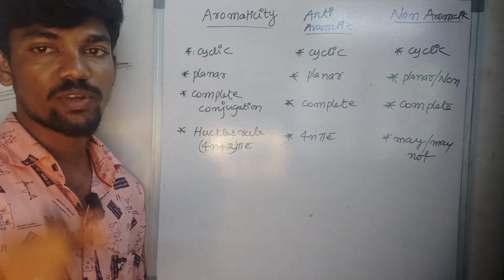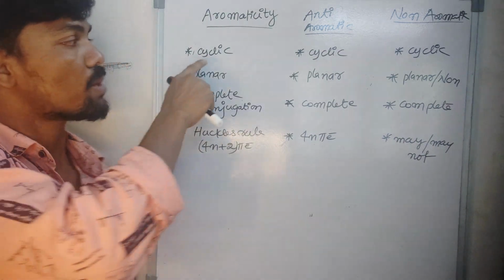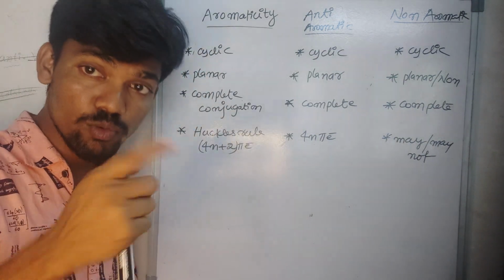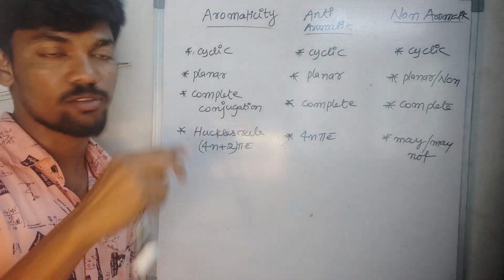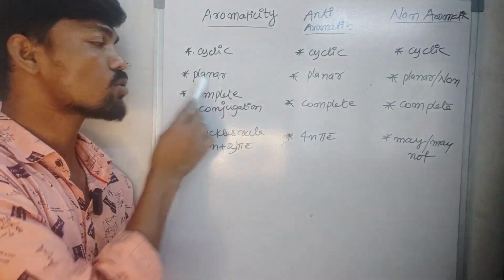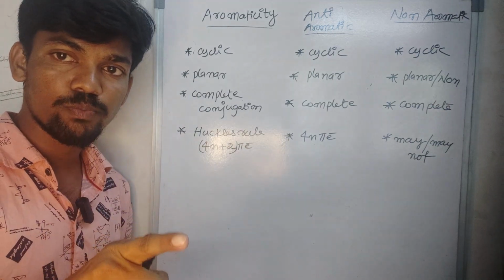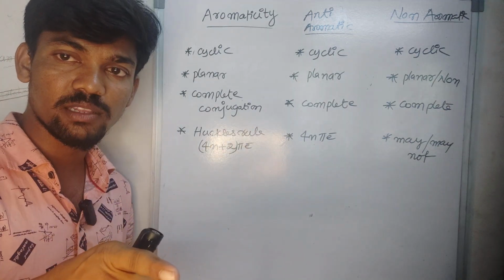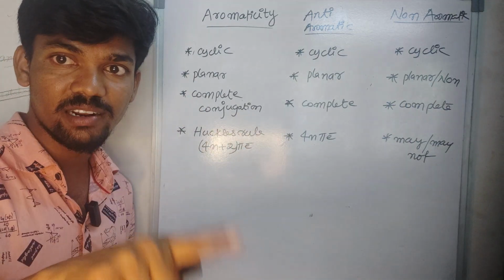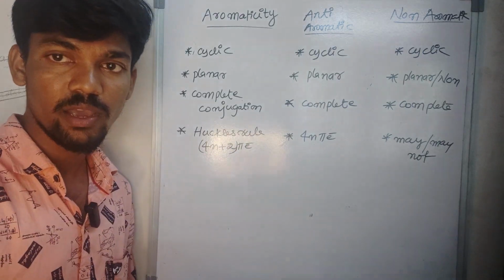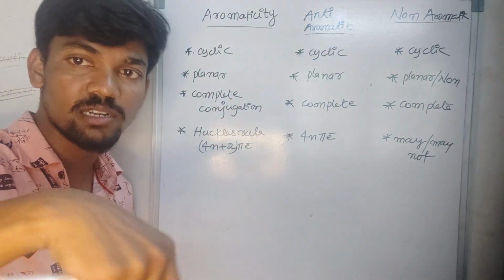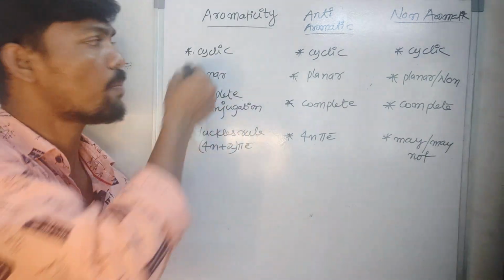Aromatic means, first of all, the molecule must be cyclic in nature, not a chain. Here it must also be planar.